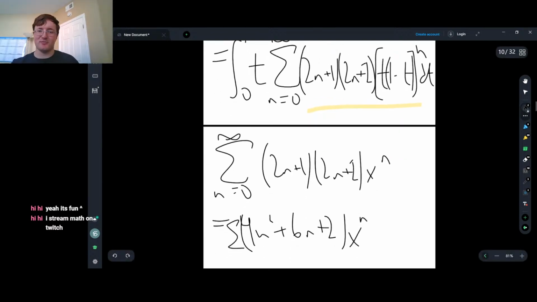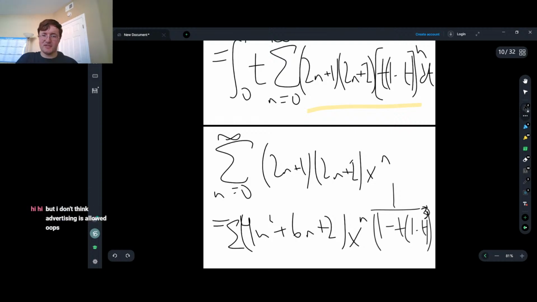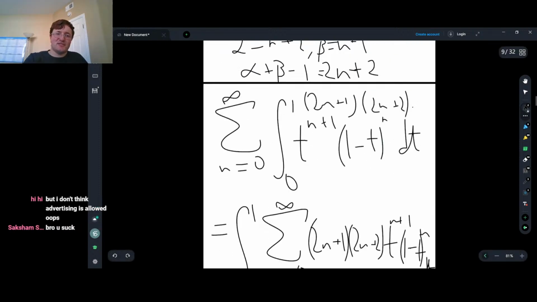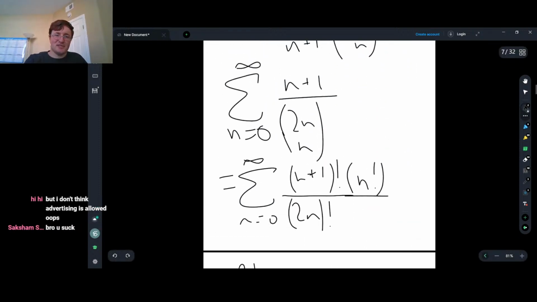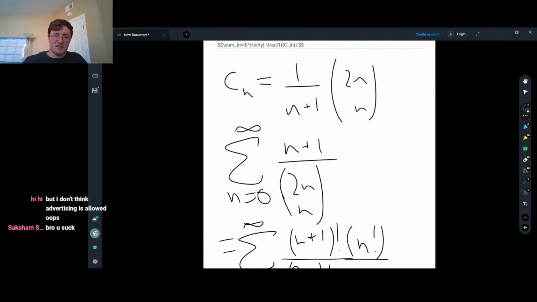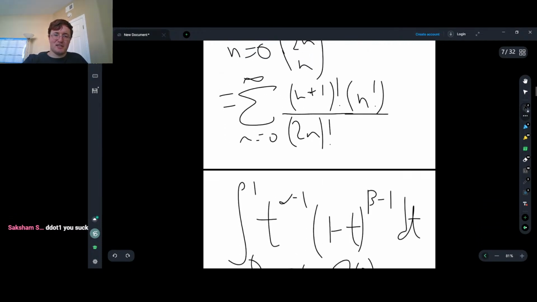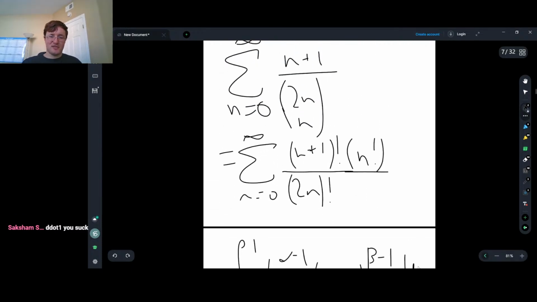It's going to be something with 1 over 1 minus t, 1 minus t, all cubed. Let me see if I can come up with a cleverer approach. Oh, one thing I could do is just forget about the n plus 1 and then differentiate, create a power series out of it.